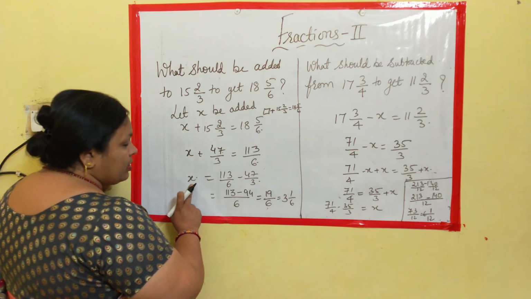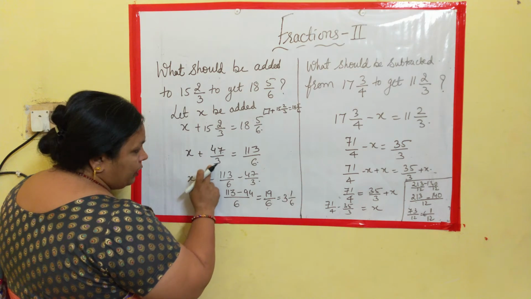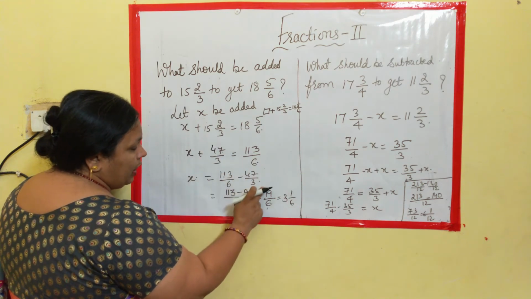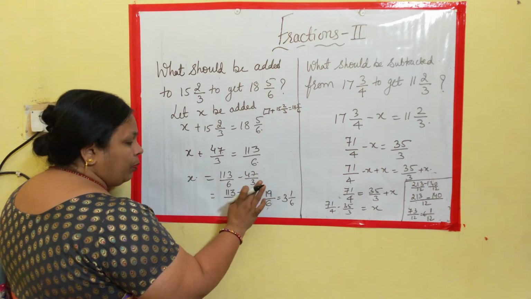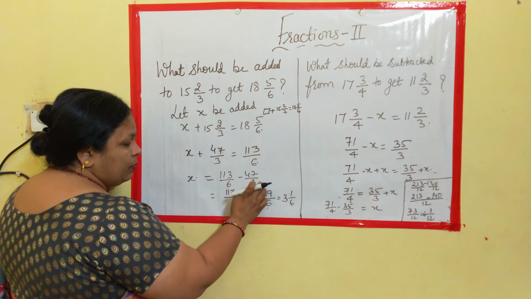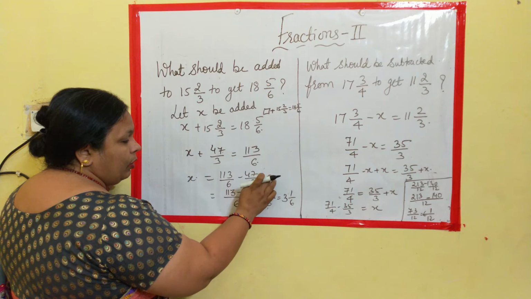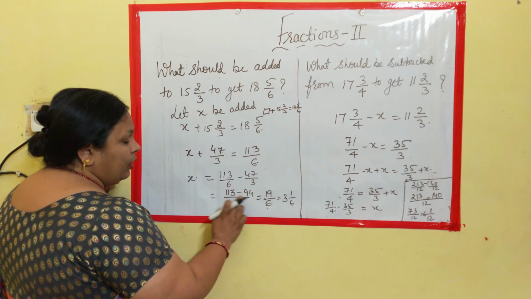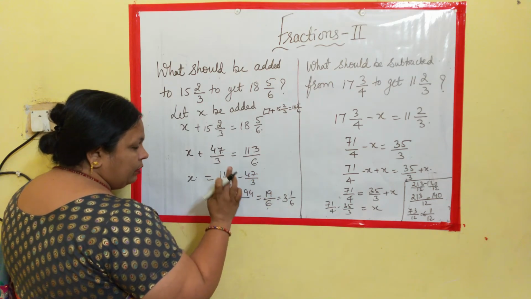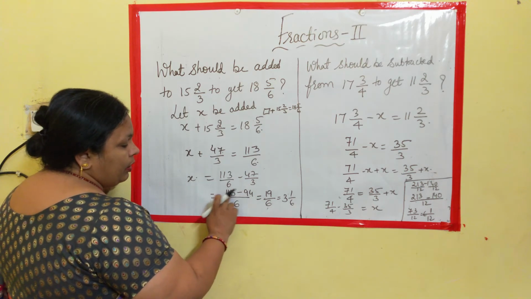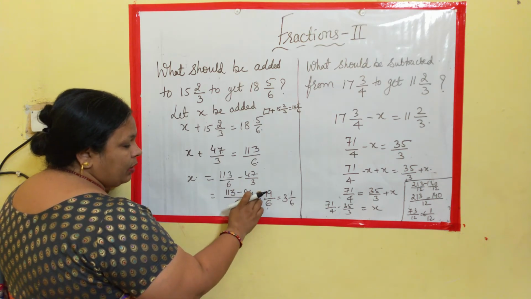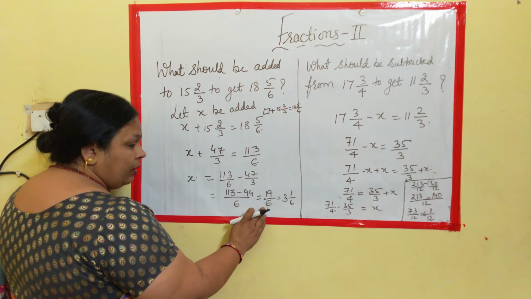So x, and plus 47 by 3 is transferred to the other side with minus 47 by 3. Again the same operation, making the denominator 6, multiplying numerator and denominator by 2, you will be getting 94 by 6, and then taking 6 as common, 113 minus 94 is nothing but 19, and the denominator is 6.